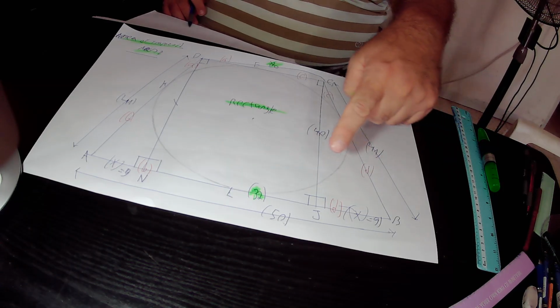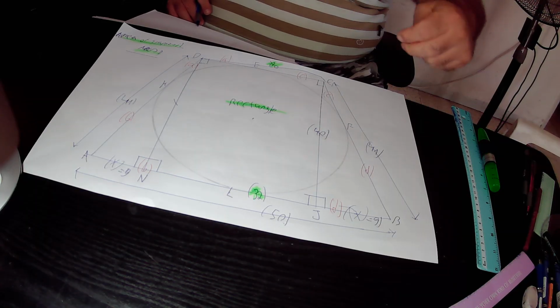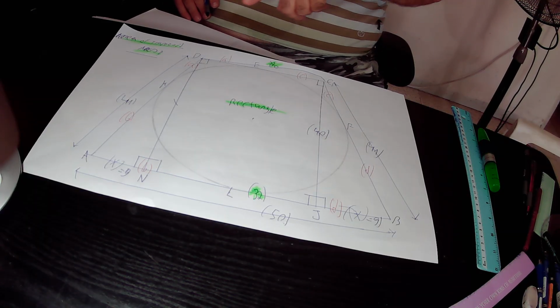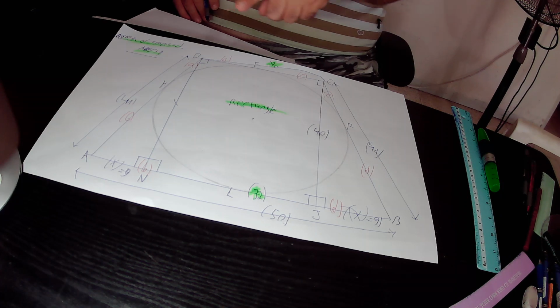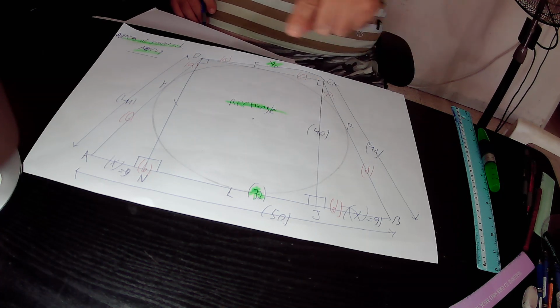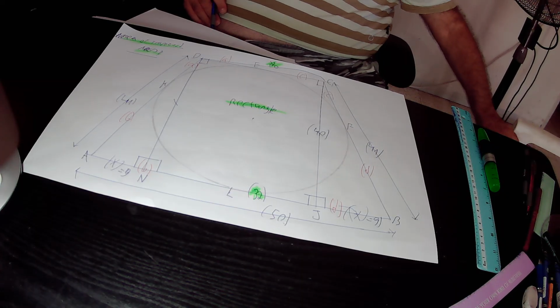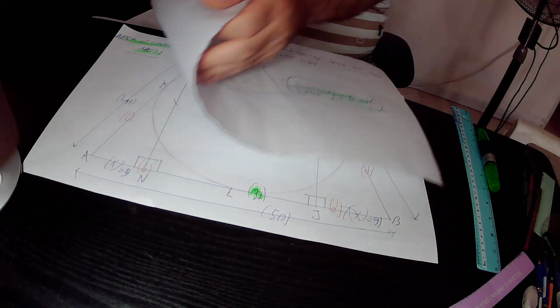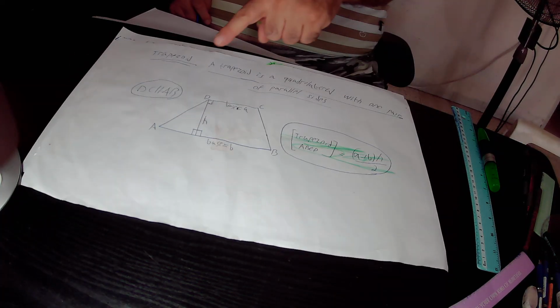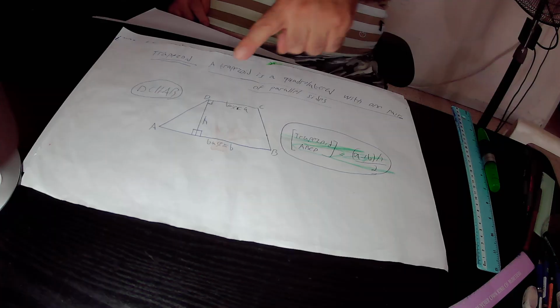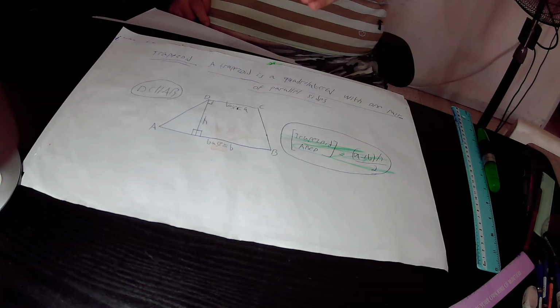ABCD is a quadrilateral because it has four sides, and because side DC is parallel to side AB, this quadrilateral ABCD is defined as a trapezoid. This is trapezoid ABCD. Side AB is parallel to side DC, and therefore it is a trapezoid.